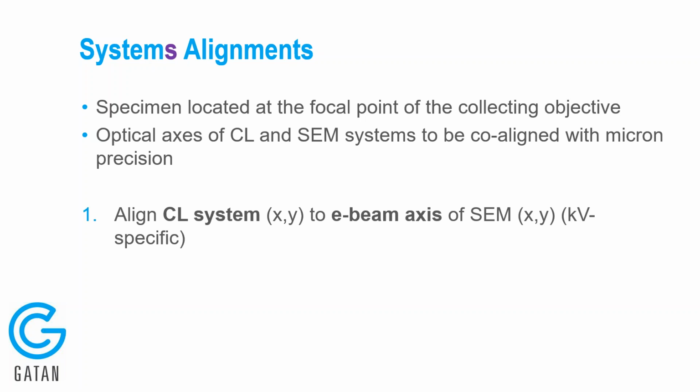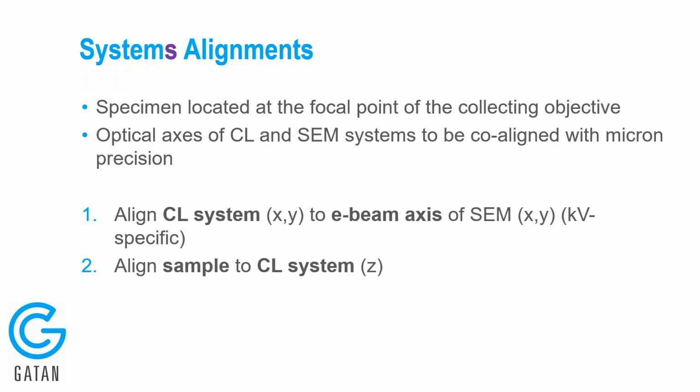And the important thing to note here is that this alignment of your microscope, or the center of your scan pattern in the microscope, is accelerating voltage dependent. Every time you change the accelerating voltage during a session, you actually need to realign your CL system to the microscope in order to continue to collect light efficiently.